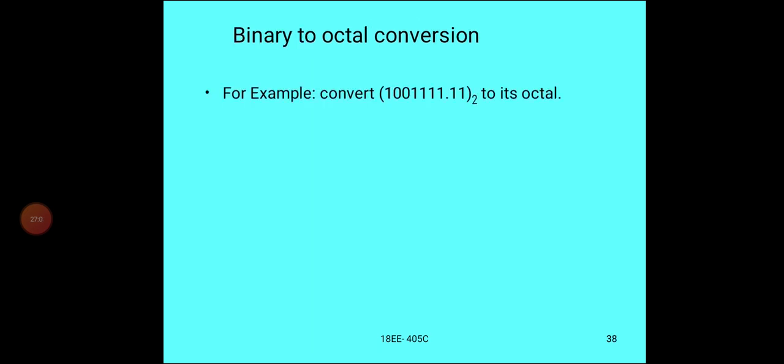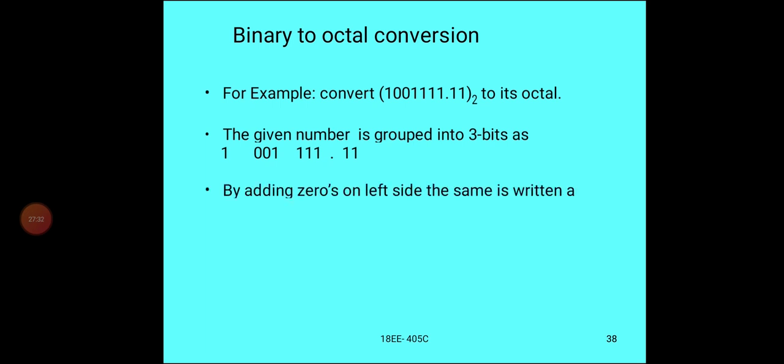Binary to octal conversion. Convert 1001111.11 of base 2 into octal. The given number is grouped into 3 bits as shown in the slide. 1 001 111.